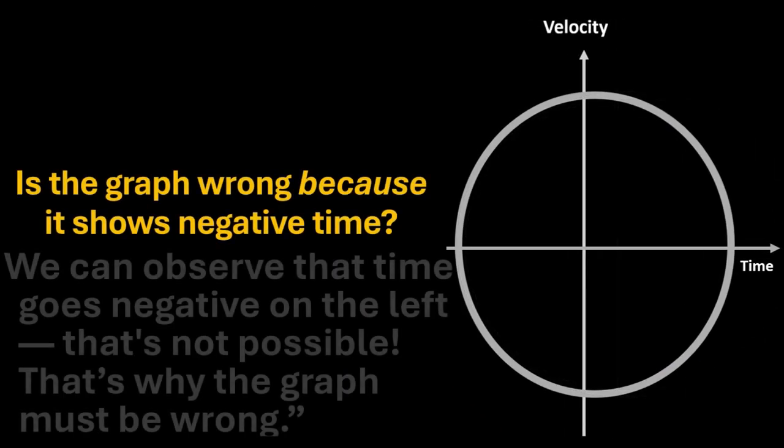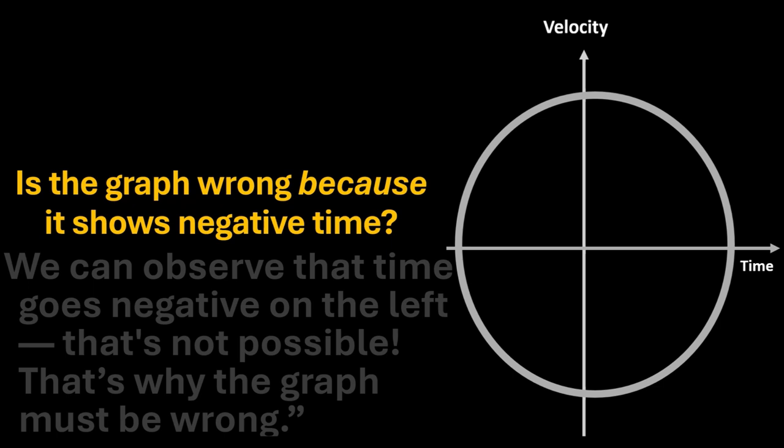Now, some of us might have a question here. Is this graph incorrect? Because it shows time on the negative axis here. This is time t equal to 0 and time t positive. Is it negative? Because we've been given that time is negative, which time can't be practically and physically. This graph is wrong, therefore.